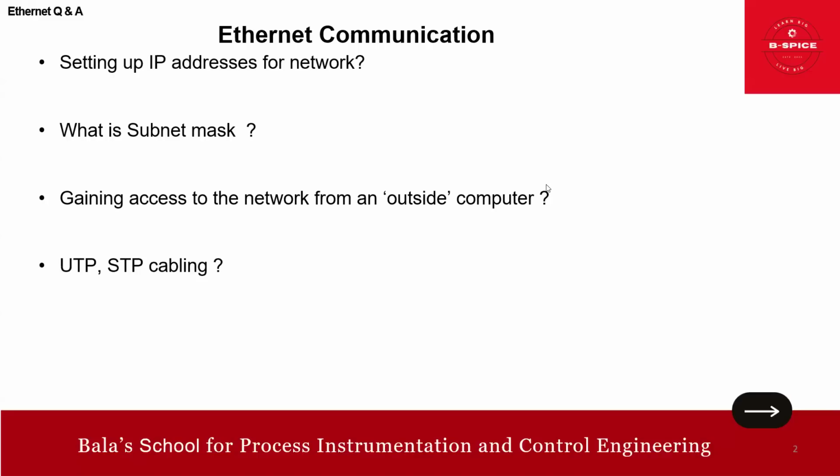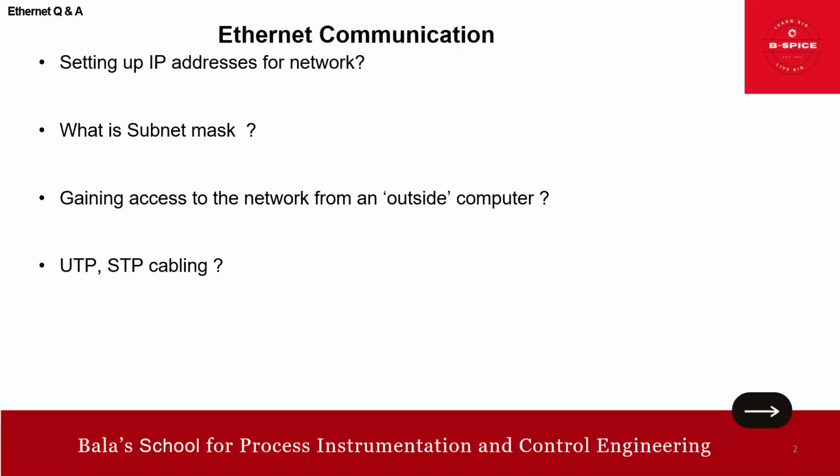Then UTP and STP cabling. Okay, this is basically twisted pair cable. UTP means unshielded twisted pair, while STP means shielded twisted pair. UTP is what is typically installed by phone companies, right, friends? And 10BASE-T Ethernet runs over it.